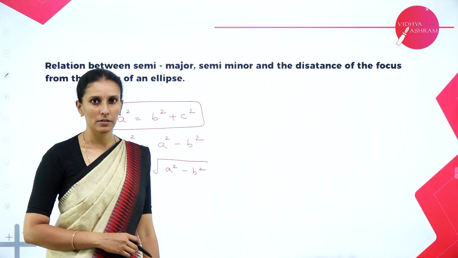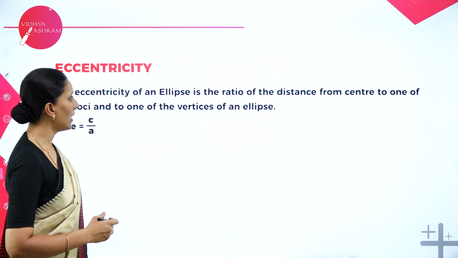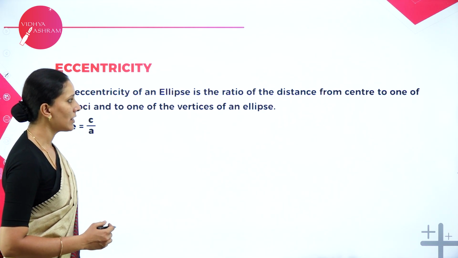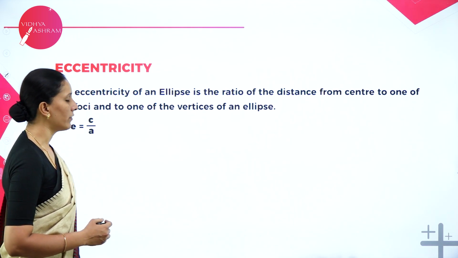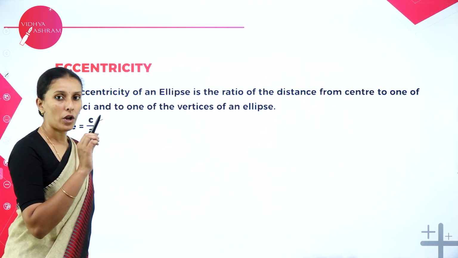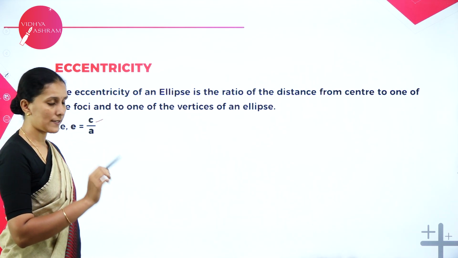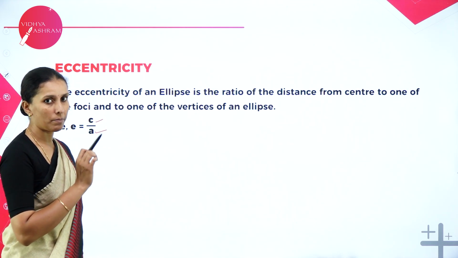So, I have told you about eccentricity. The eccentricity of an ellipse is the ratio of the distance from the center to one of the foci and to one of the vertices of an ellipse. So, C is the distance between one of the foci and the center, and A is the distance between one of the vertices and the center.